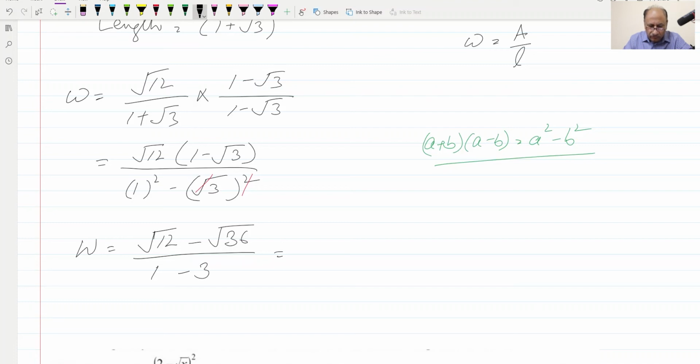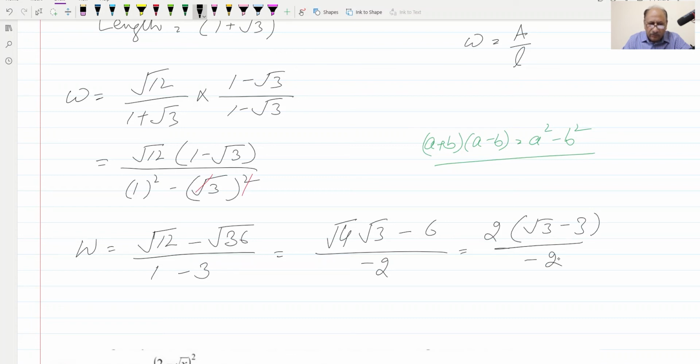We can write under root 12 as under root 4 into under root 3, and minus under root 36 will be 6, over minus 2. We can take 2 common from the numerator, it will be under root 3 minus 3, divided by minus 2, and we can cancel this 2 with this 2.